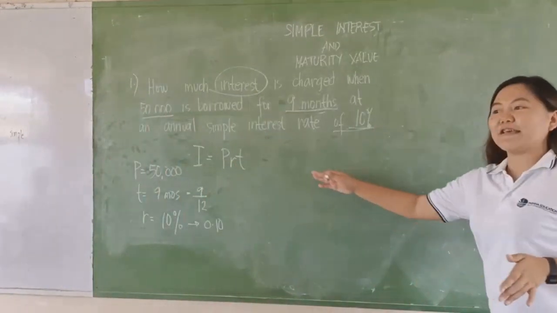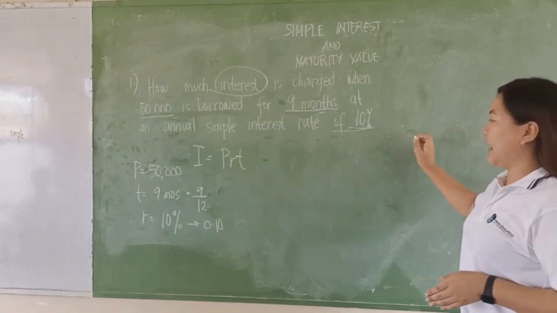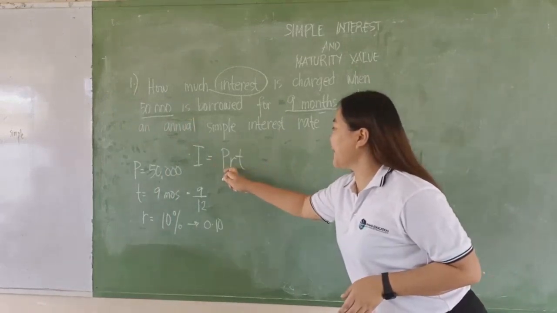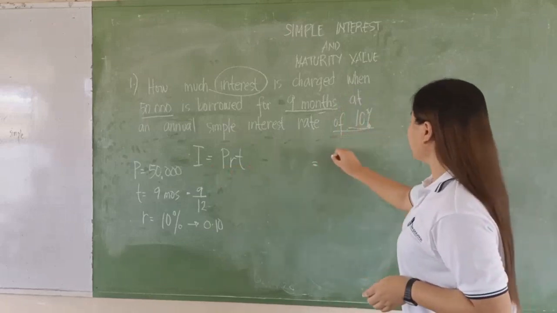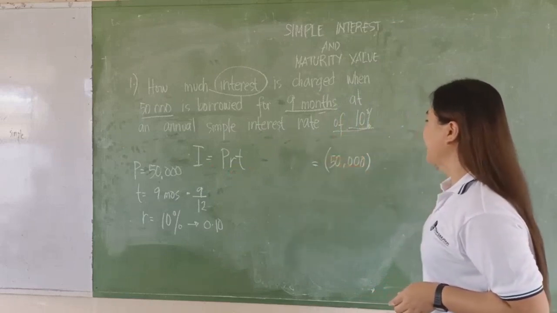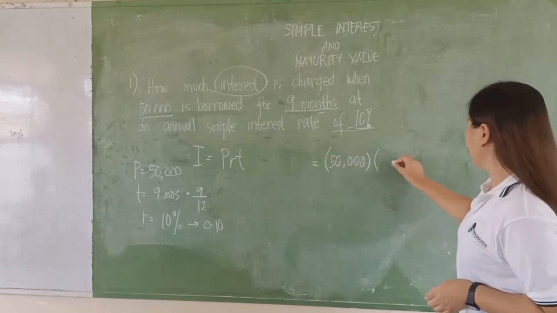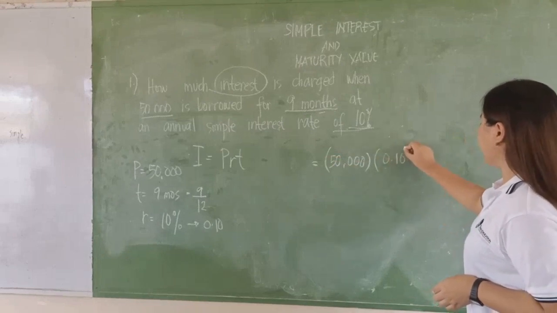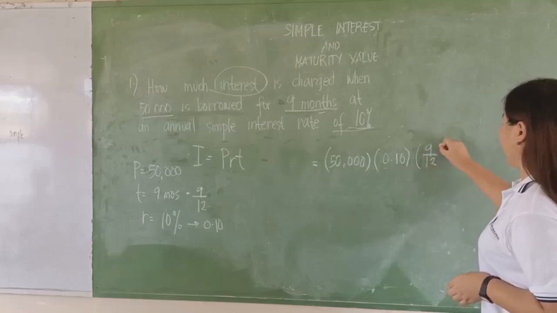Now, kung meron tayong mga given, ni-apply na natin yung ating formula. So, I is equal to PRT, or multiply. So, 50,000 multiplied by 10%, which is 0.10, and 9/12 yun yung time natin.